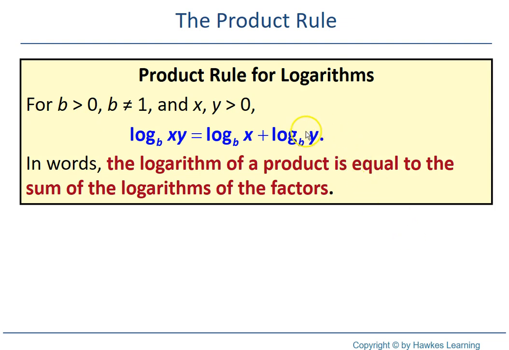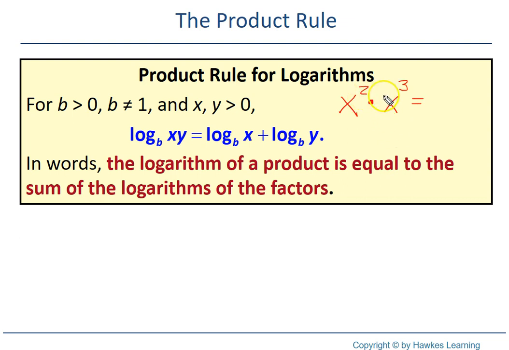Okay, now some other rules for logarithms. And let me give you a little bit of background on this. If we had x to the second times x to the third, what would we do to our exponents to get the answer?